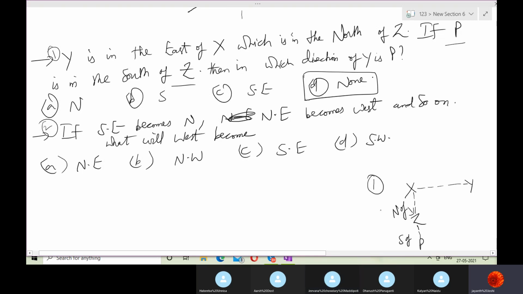Now in which direction is Y? In which direction of Y is P?